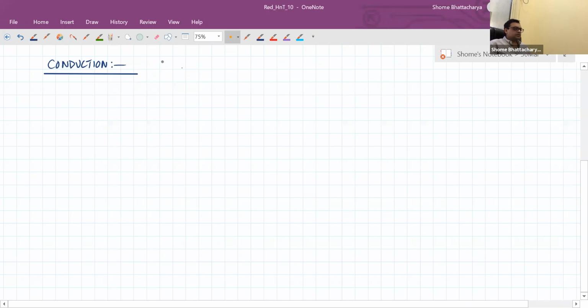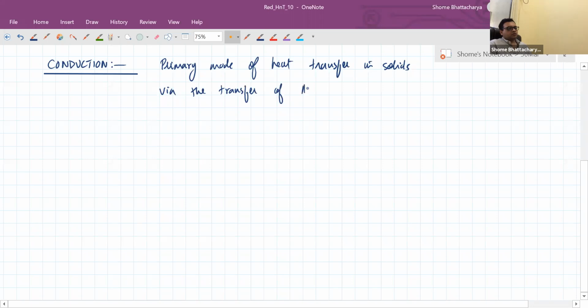So this is the primary mode of heat transfer in solids, via the transfer of molecular vibrational kinetic energy from a region of higher temperature to a region of lower temperature.